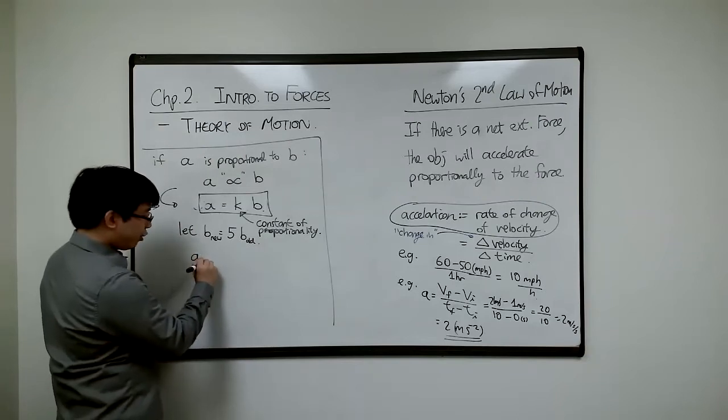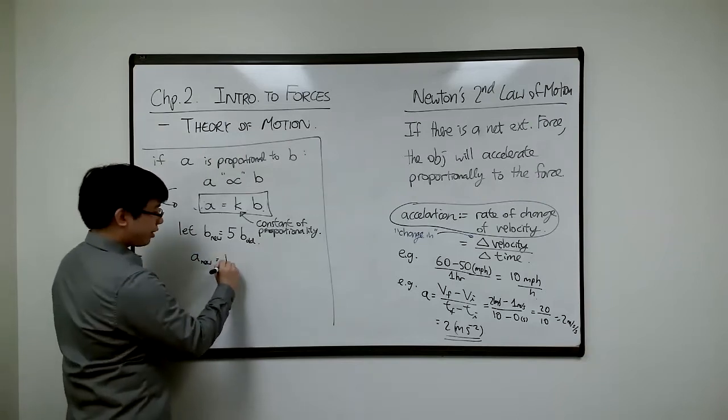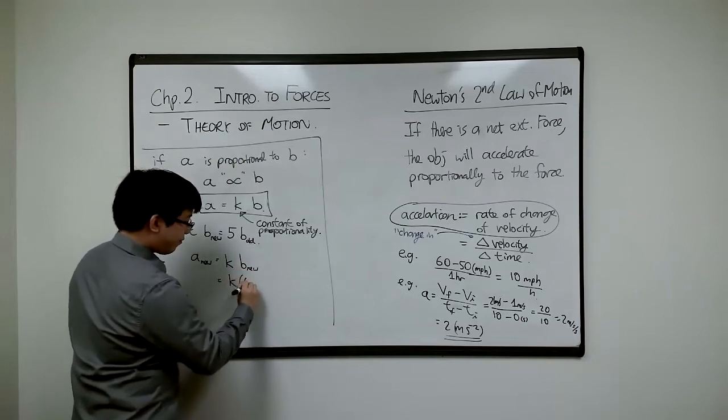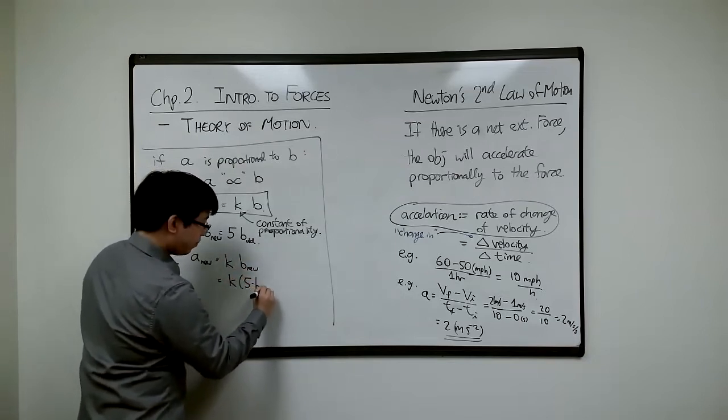The A new will equal K times B new, that's 5 times B old.